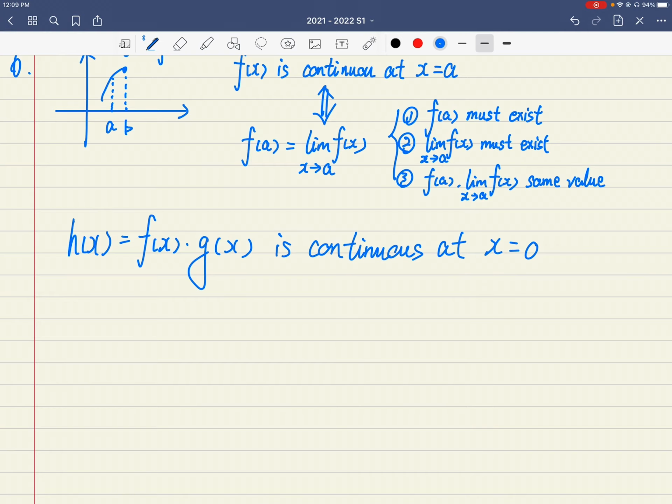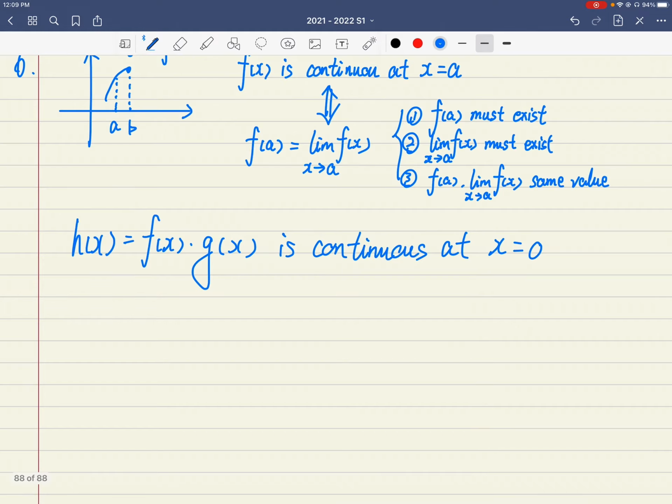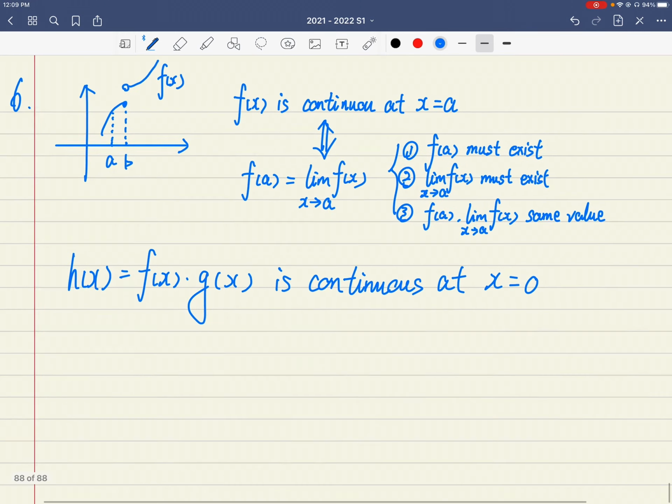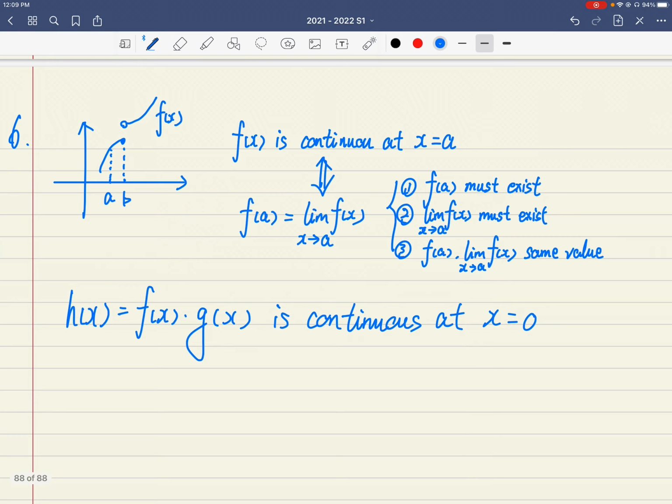One thing is very clear: h(x) is continuous when x is equal to 0, but it is a product of two individual functions, and you don't know what they look like. When you see a product and think about continuity, sometimes it's about this type of jump point.